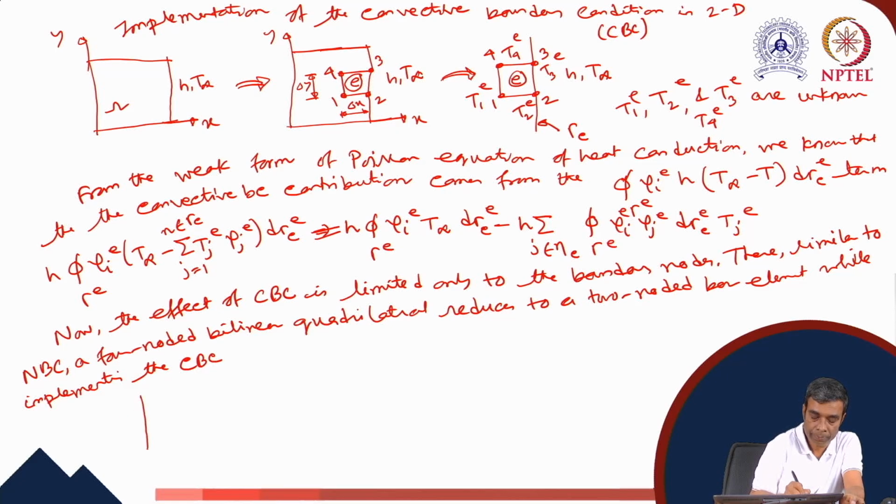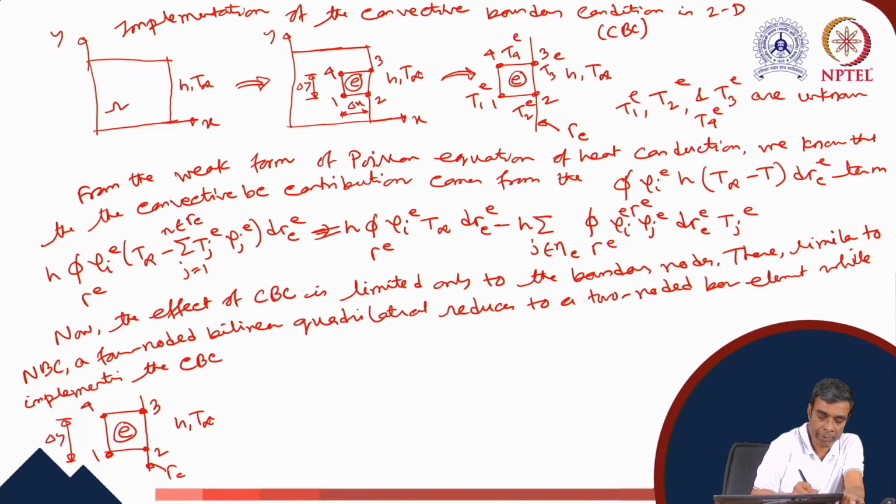So our four-noded quadrilateral reduces to a two-noded bar element.